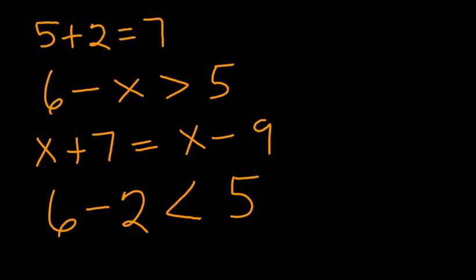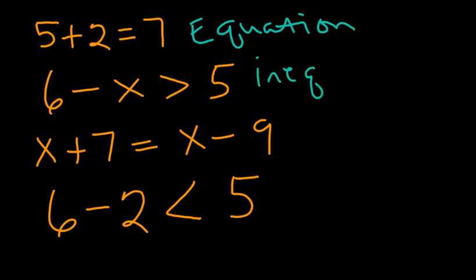Okay, here are some examples. The first example, 5 plus 2 equals 7, that's an equation. It uses an equal sign. It's not an open sentence because there's no algebra in it. The second example, 6 minus x is greater than 5, is an inequality because it uses one of the 4 inequality signs.